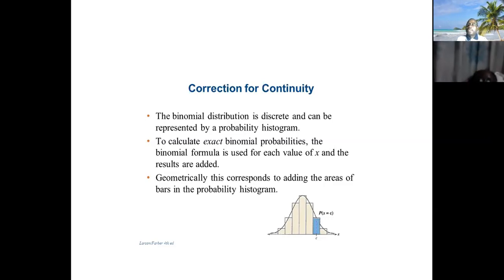What makes something discrete is that it is possible for you to know all the categories of the values of any variable that follows a discrete probability distribution. Like sex, we know that it is male or female. Even if you have hermaphrodite, okay, male, female, hermaphrodite, you know it.